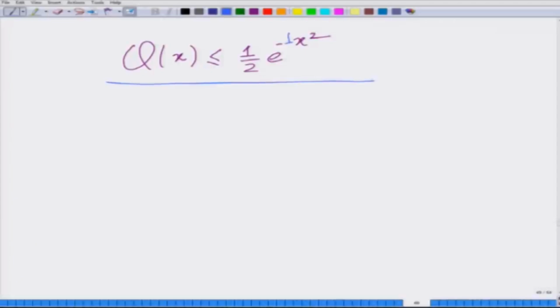This bound I can use as a convenient approximation for the Q function.